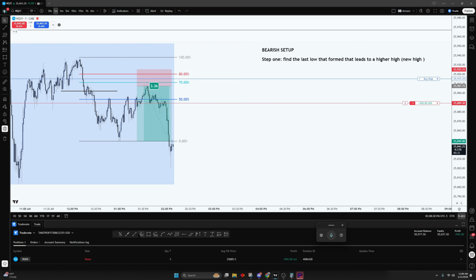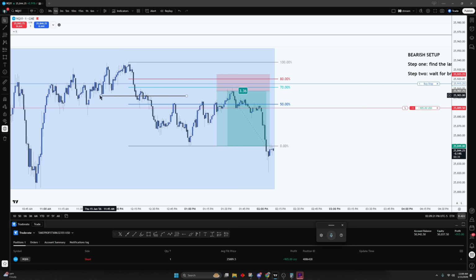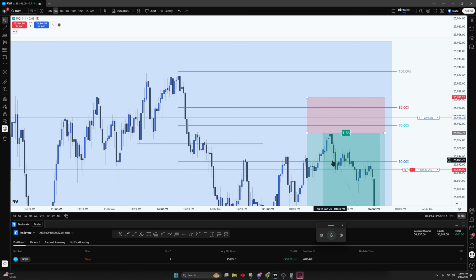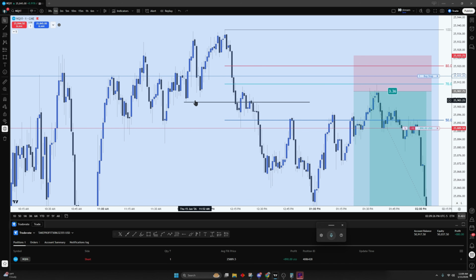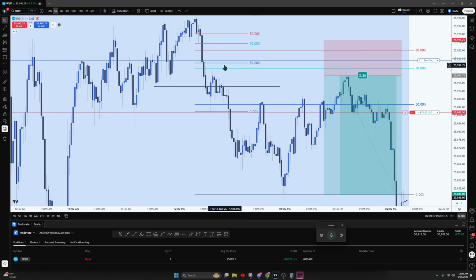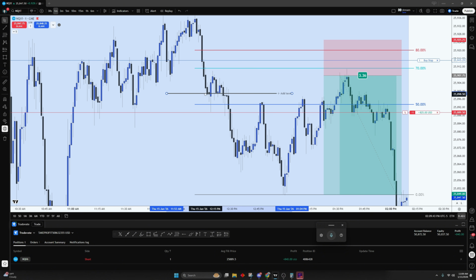So step two is wait for the break of that low. We had that right here. At this point, you have a couple different options. You should be waiting for that. In this situation, I waited here hoping that this would then retrace up to there. That never happened though, and that's okay because you have a continuation version of this trade.